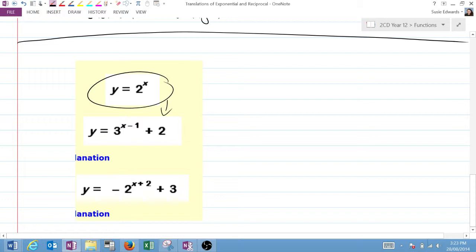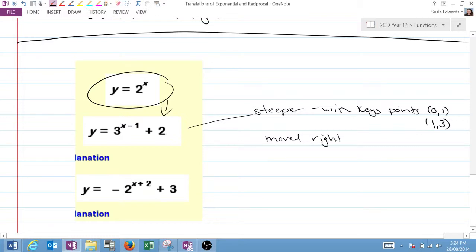So for this one, you'd say it's gotten steeper with key points at 0, 1, and 1, 3 to start with before it's then moved. Then it's moved to the right by 1 and up by 2.